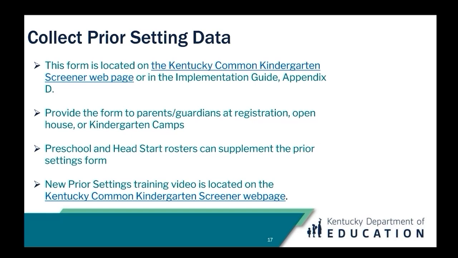This information can be collected at any time. Only students who are actively enrolled need to have prior settings data entered in Infinite Campus. Kindergarten screening results are derived from both prior settings data in Infinite Campus and screener data entered into the online management system. If there is prior settings data in Infinite Campus for a student, they will be listed in the kindergarten screening results.